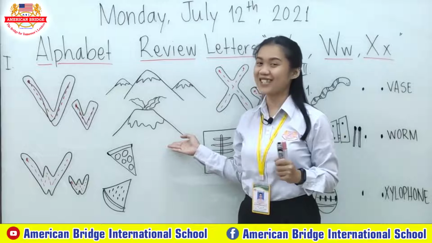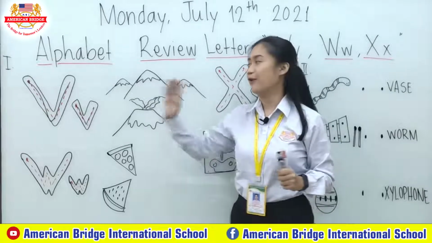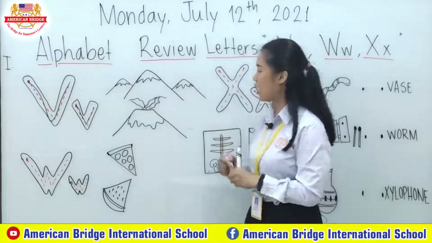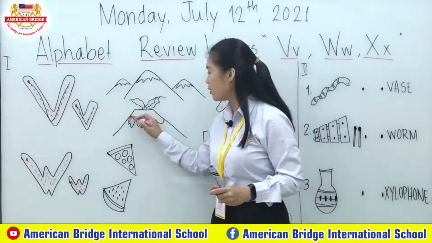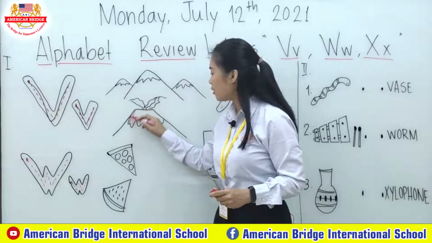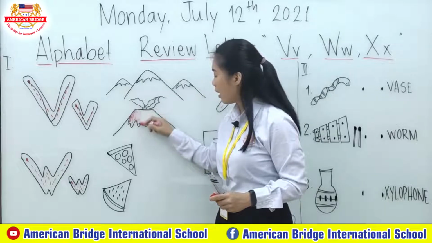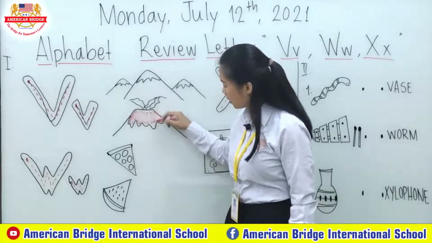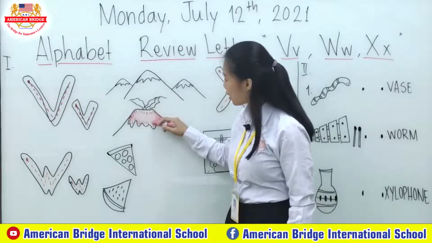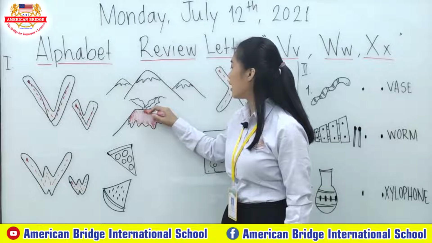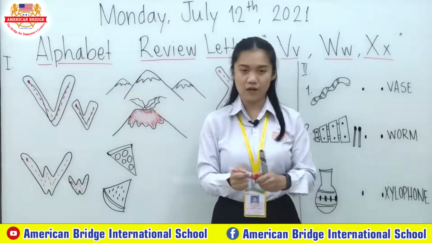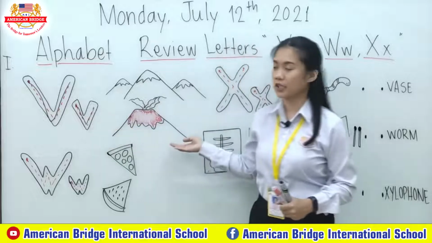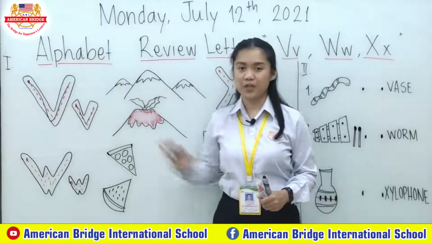Volcano, however, starts with the letter V. So take out your crayons and let's color the volcano. So I'm coloring the lava of the volcano. No, let's pretend only that teacher is using crayons or colored pencil, okay? So that's it, everyone. We already trace and color the picture.